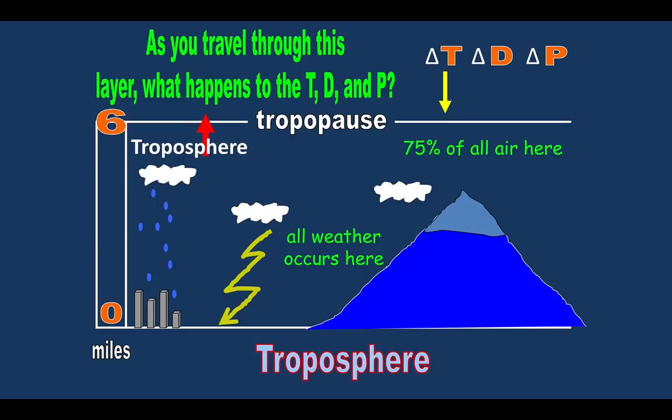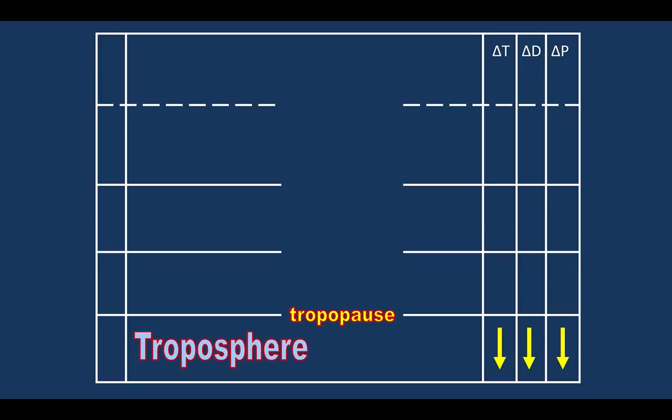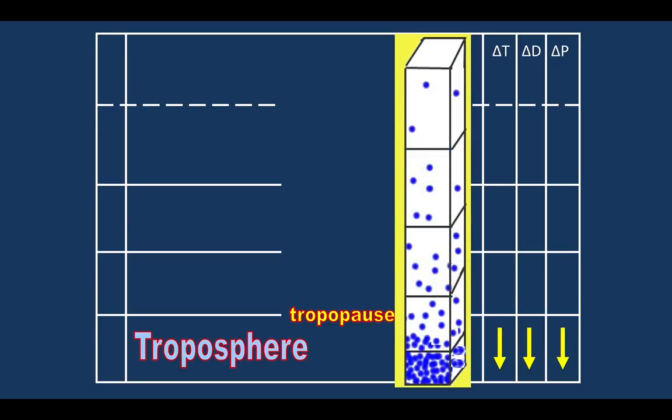On the other hand, the density of the air as you go up also decreases, as does the pressure. Okay? So the density of the air, remember that density is how close the molecules are together, how tightly packed. So let's take a look at this for a second. Imagine that we have this column of air, if we just wanted to look at one column of air.